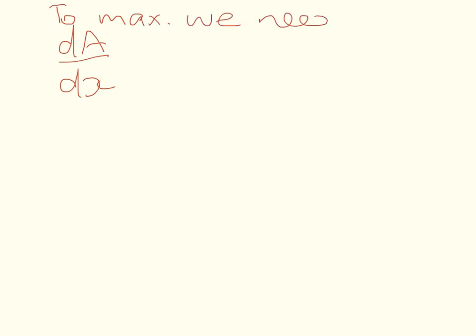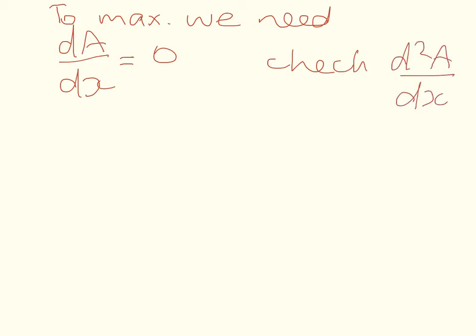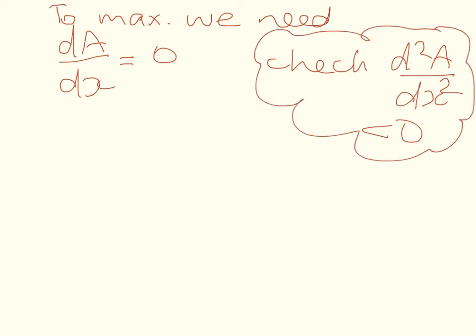Right, so to maximise, we're going to need to find where the derivative is equal to 0. And then we're going to check that the second derivative is negative, right? So that's my second derivative test.